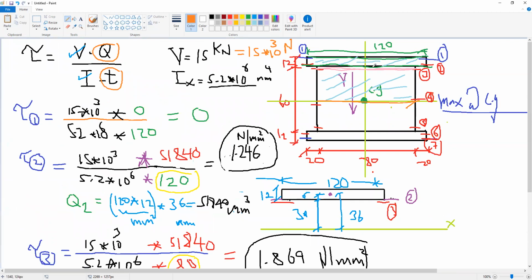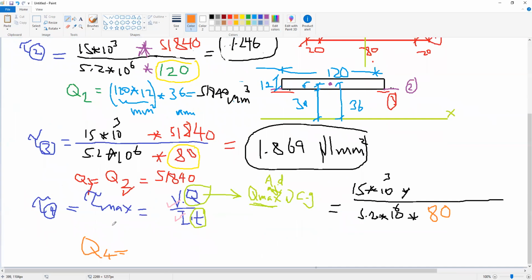We have two areas above the section, area 1 and area 2, so we need to sum them together. So Q4 will be area 1, 120 times 12, times the distance. How much is the distance?